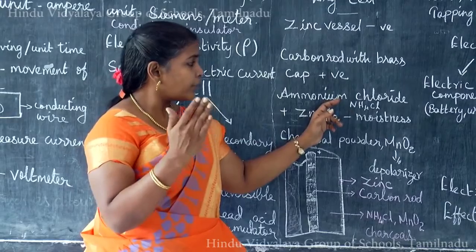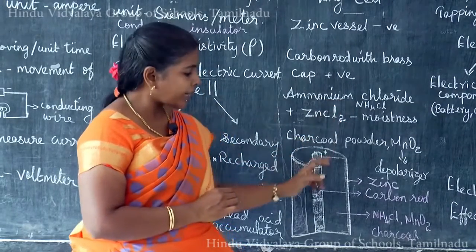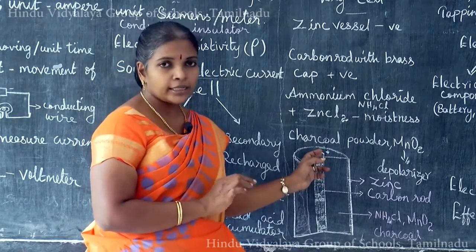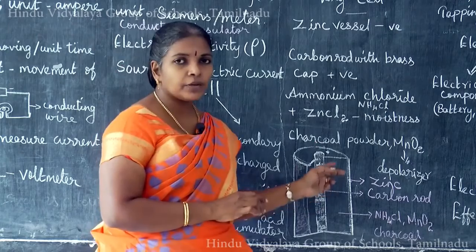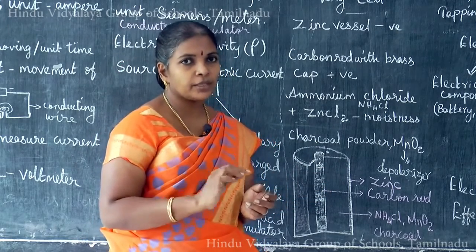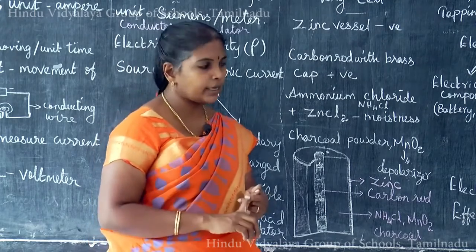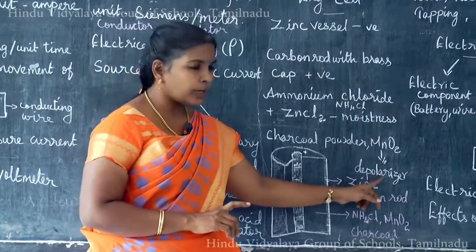Then at the middle of the dry cell, there is a carbon rod with a brass cap, and it acts as the positive electrode. This positive electrode is surrounded by a muslin bag which is filled with a powder of charcoal and manganese dioxide, and this manganese dioxide acts as a depolarizer.